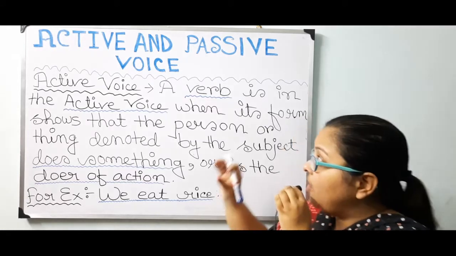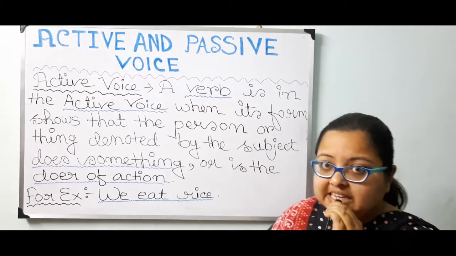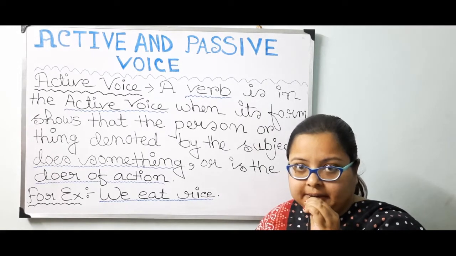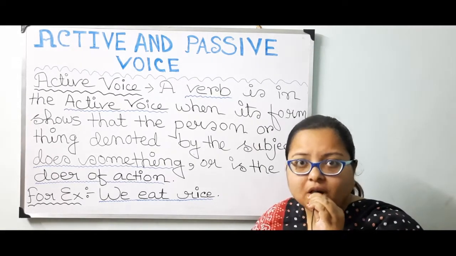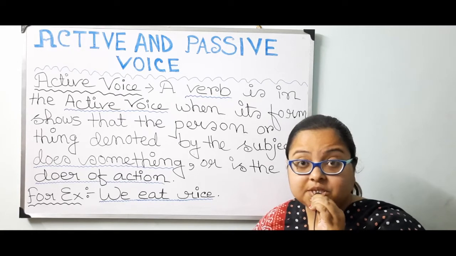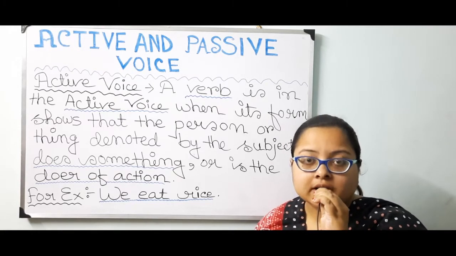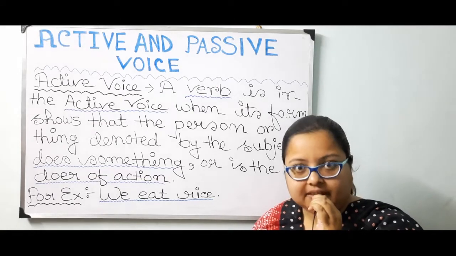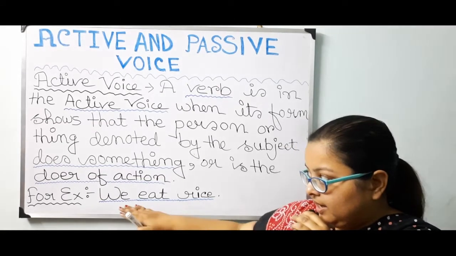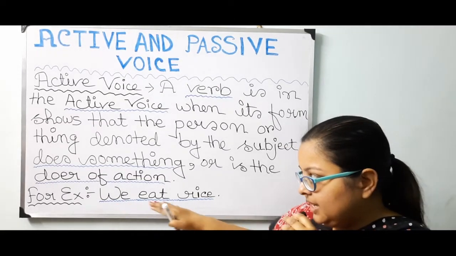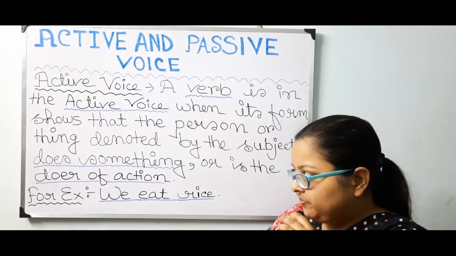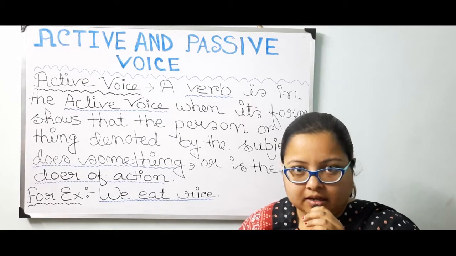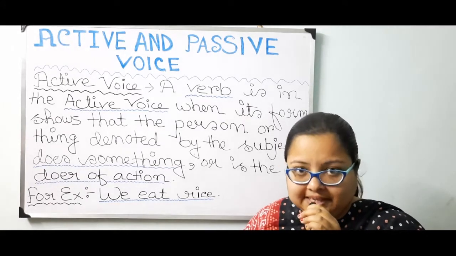A verb is in the active voice when the subject performs something, or the subject is the doer of that activity or action. So, let us see the example. We eat rice, where we are doing, we perform something.